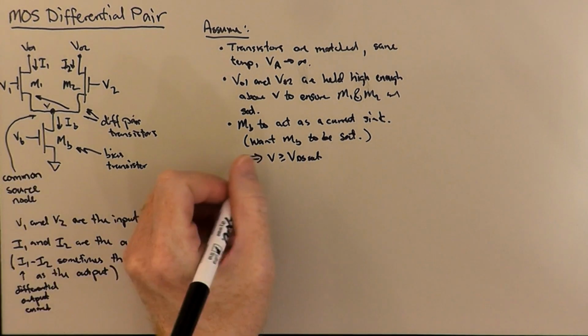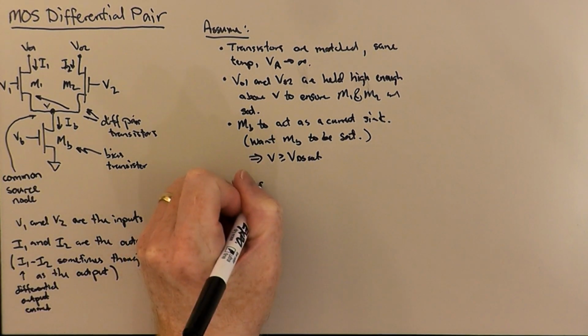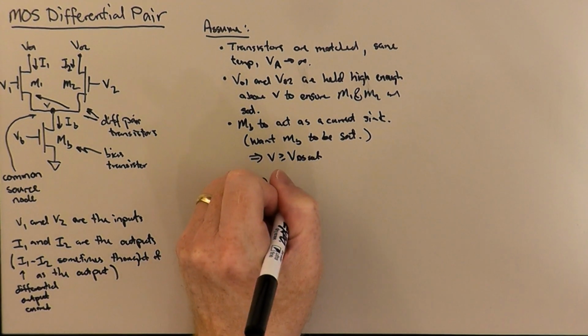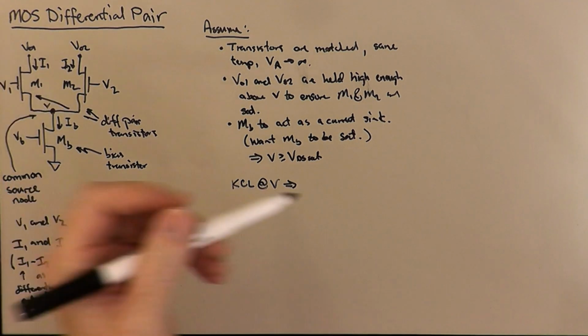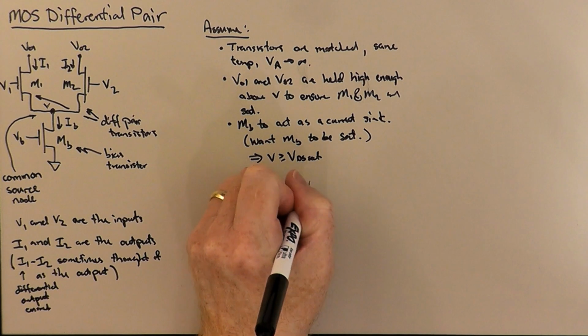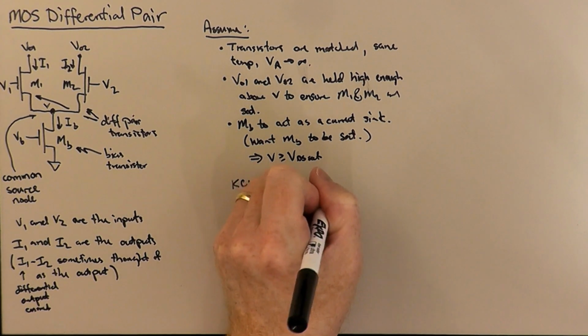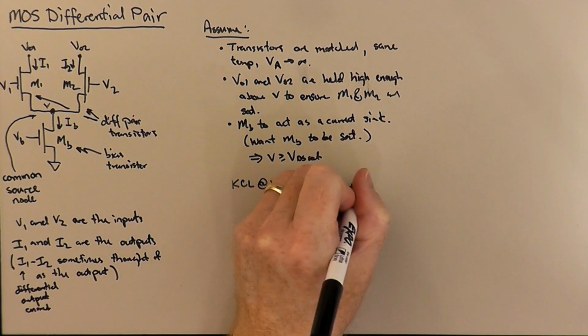So KCL at node V tells us that I1, which is the drain current of M1, which also flows out of the source of M1, plus I2, the current flowing out of the source of M2, have to sum together to equal IB. So in the steady state, we have that IB, the bias current, is equal to I1 plus I2.